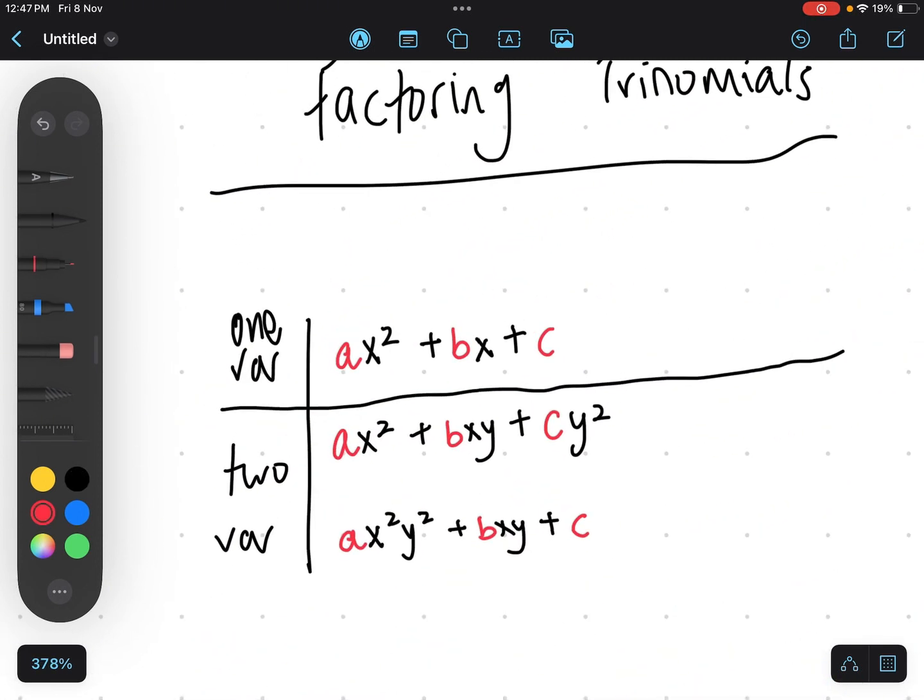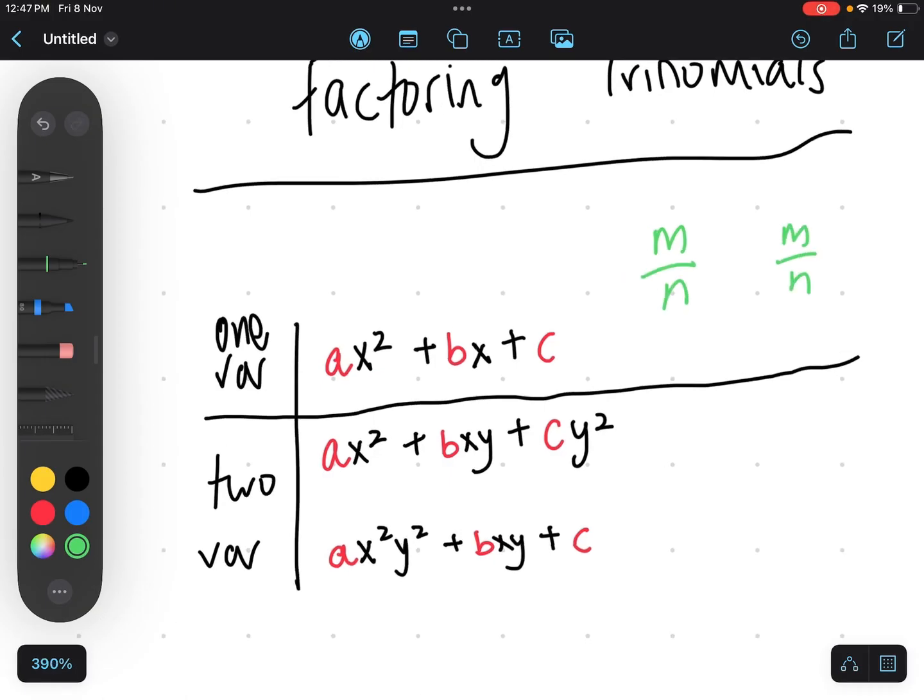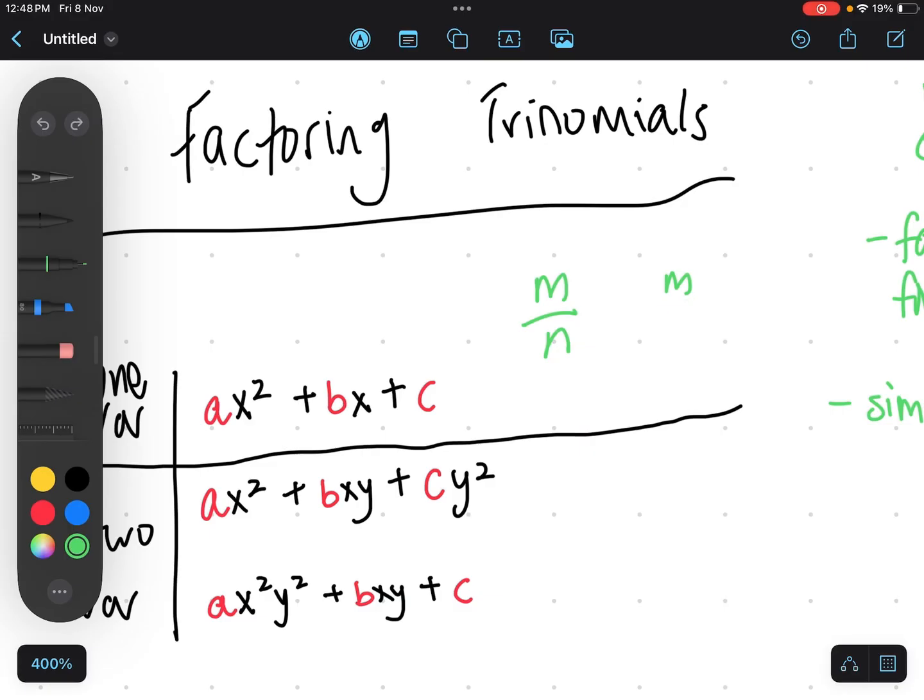So just to give you a quick summary, when you get the fractions for one variable, the two fractions, we'll call this k, we'll call it m and n. When you get the two fractions, or just the fractions in general, the bottom one will be the one that's closest to a. This case is x. And this one will be the one that's closest to c. And here is nothing, so this is a constant.